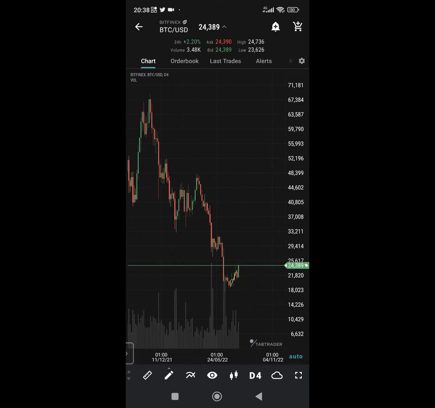So even if an exchange says they want to take this Bitcoin right now to 40K, it will be difficult to do, because even if it goes up, it might just form one shadow line and fall back again, because they might not be able to sustain it for 4 hours or 3 hours. You get my point?